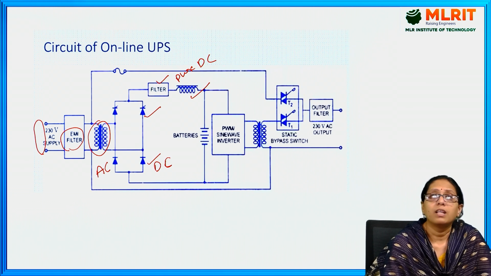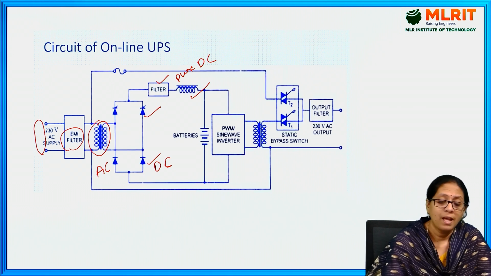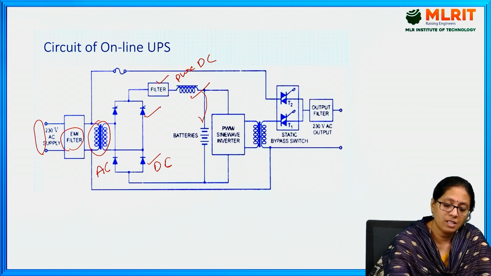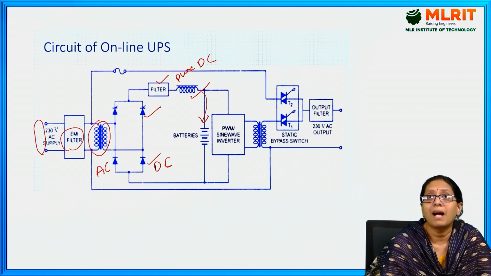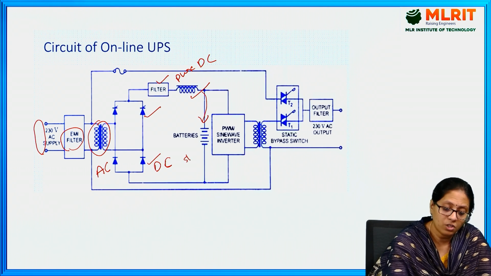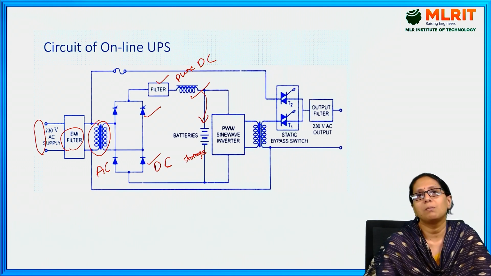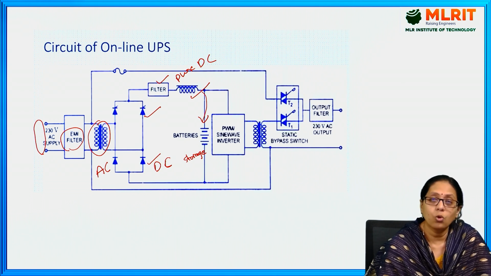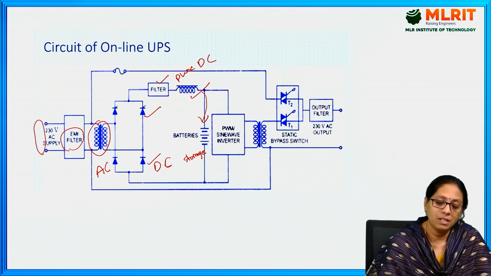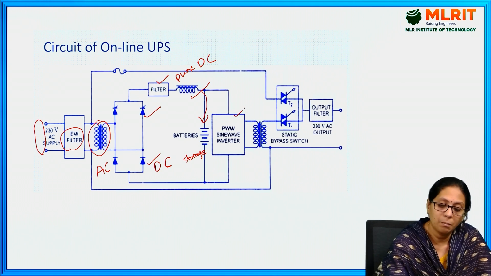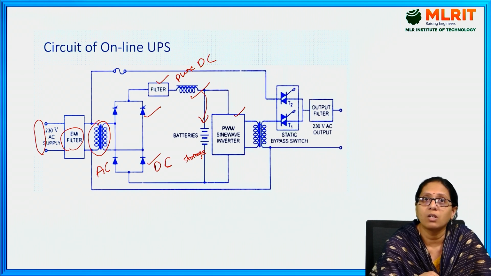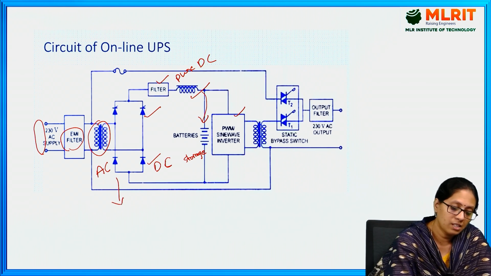So the conversion of AC to DC as well as DC to pure DC is done, and after converting, this is connected to the batteries for storage. This pure DC is stored, and it is also connected to the PWM sine wave inverter. This is nothing but the rectification process.